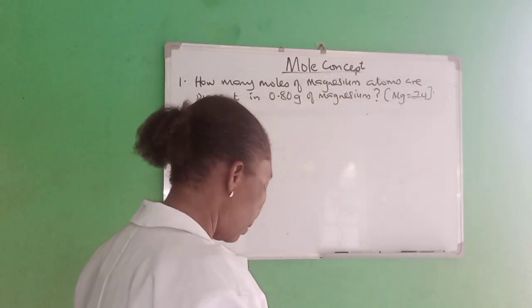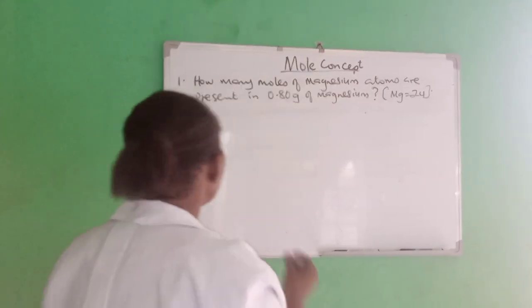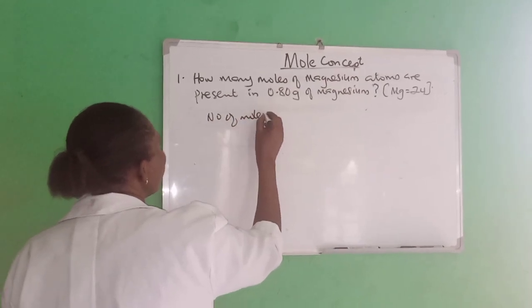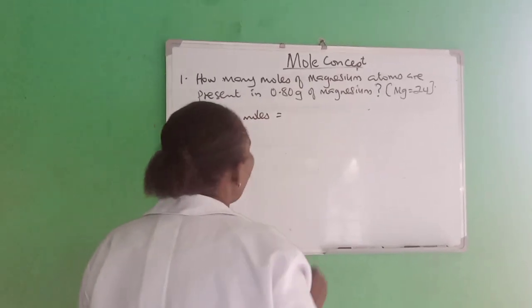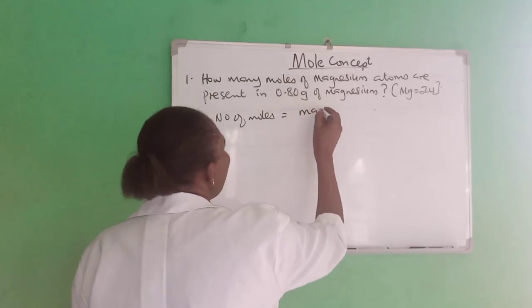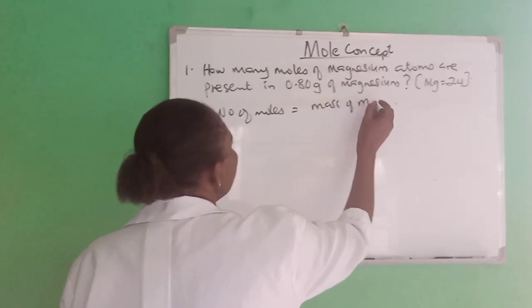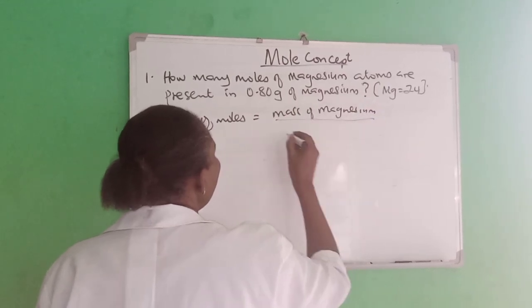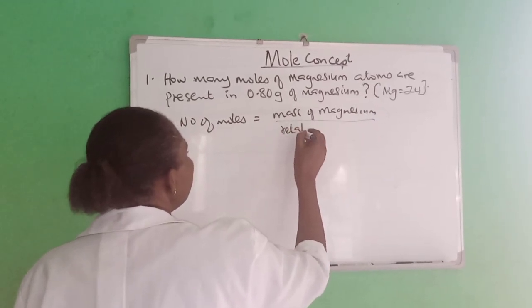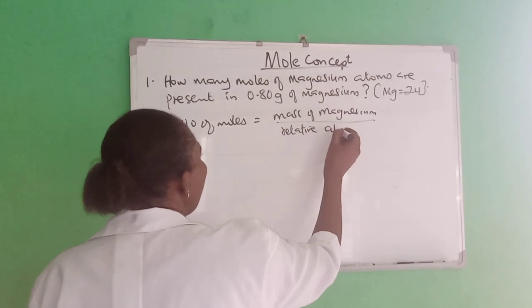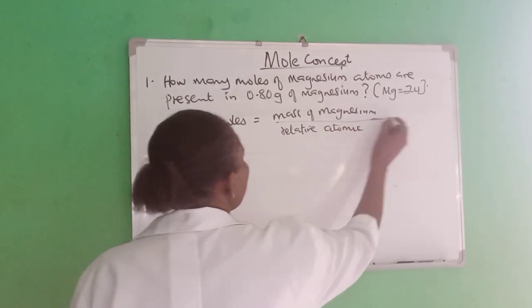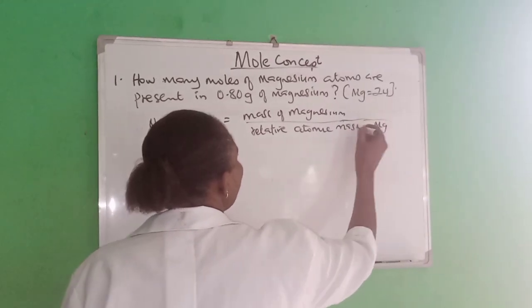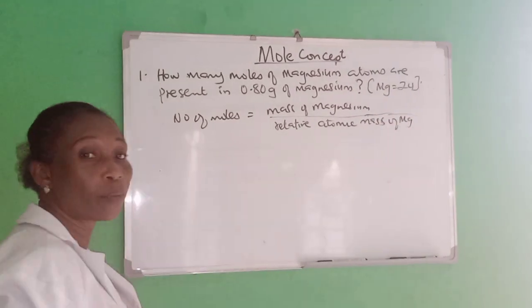Now, using our formula, number of moles equals mass of magnesium divided by relative atomic mass of magnesium.